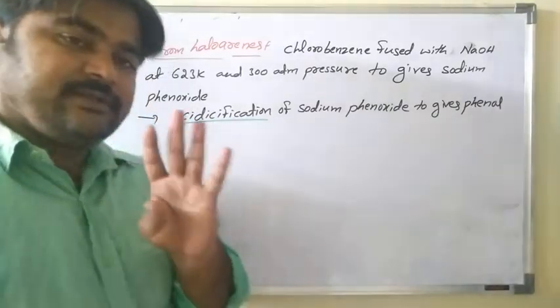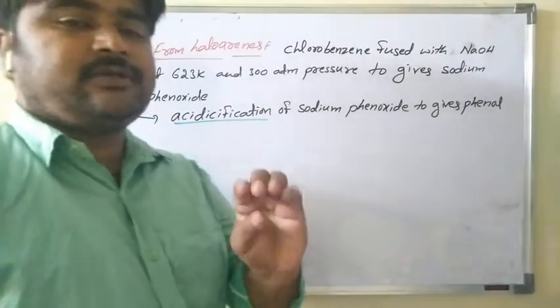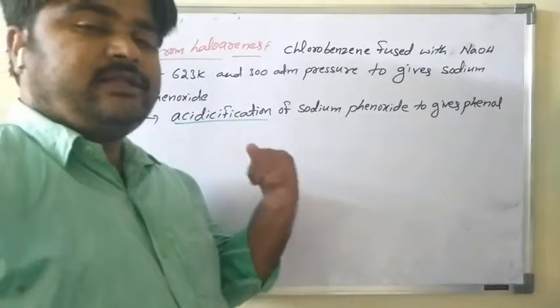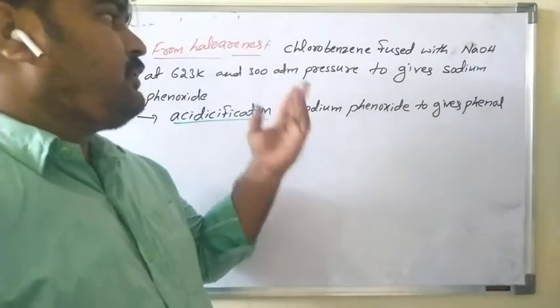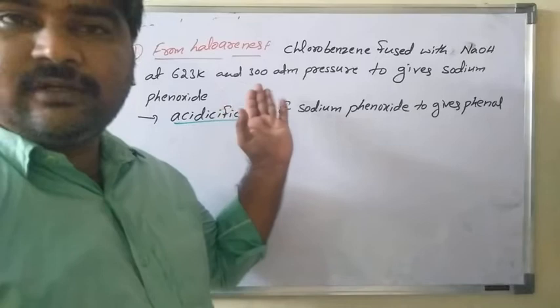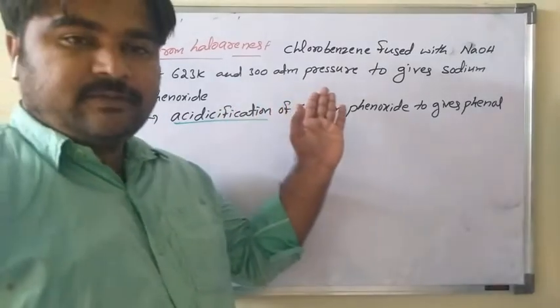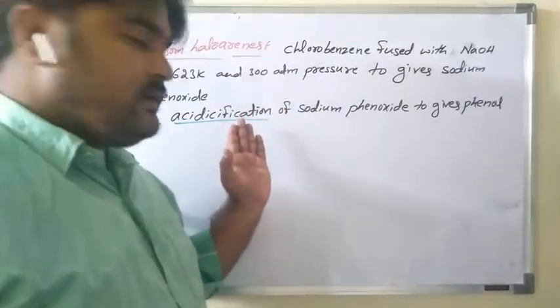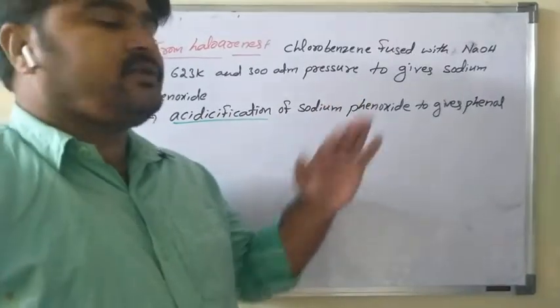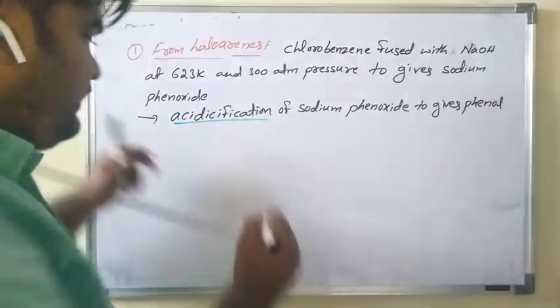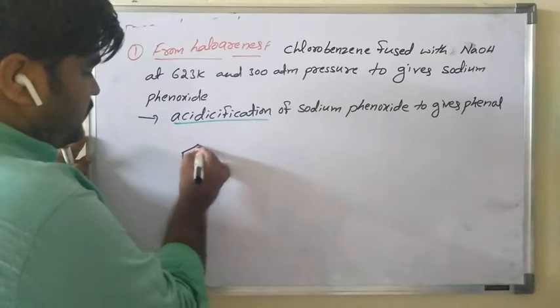This first preparation method of phenols is very important, and already known from chemical reactions. Chlorobenzene is fused with NaOH at 623 Kelvin and 300 atmosphere pressure to give sodium phenoxide. Acidification of sodium phenoxide gives phenol. Let us see the equation.